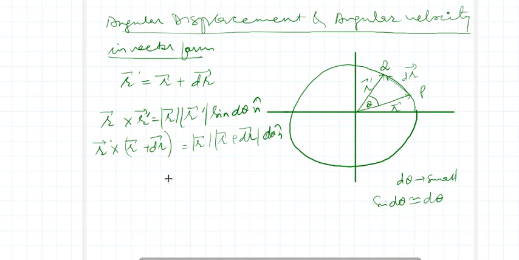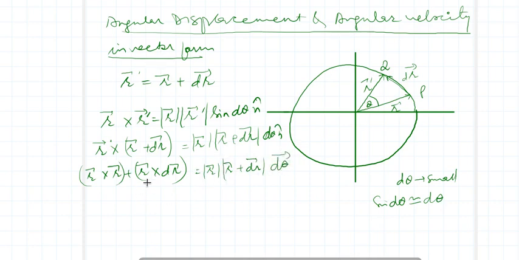Now if I open this, then this can be written as r cross r plus r cross dr, is equal to r plus dr, its mod, and d theta vector.